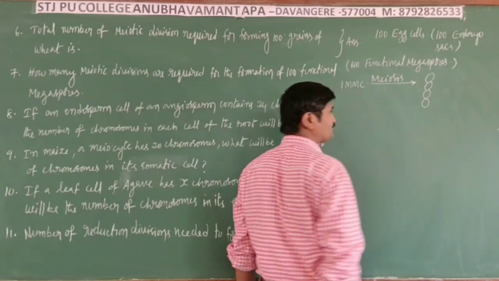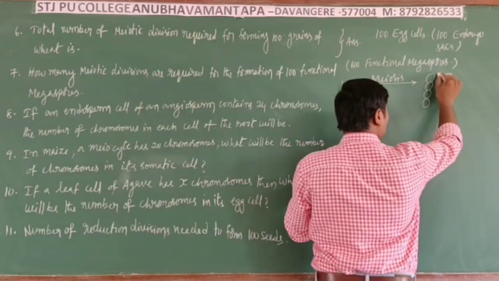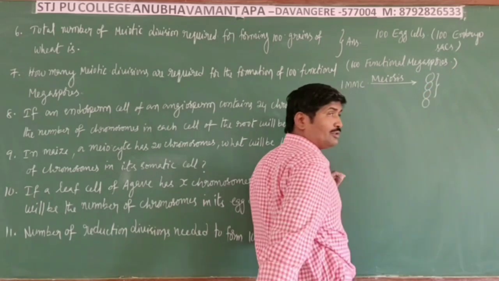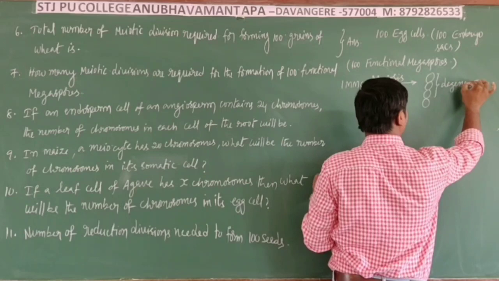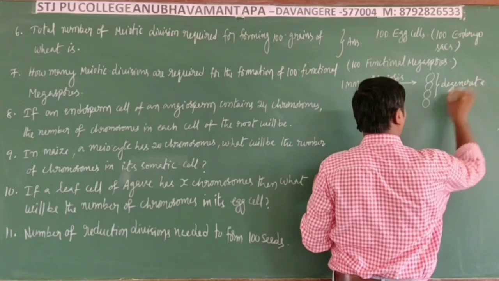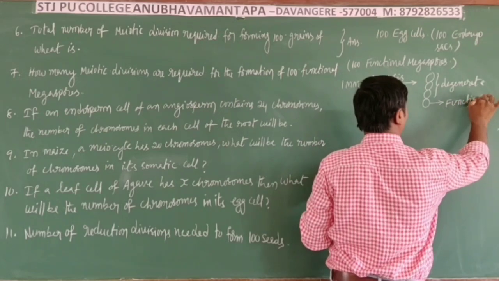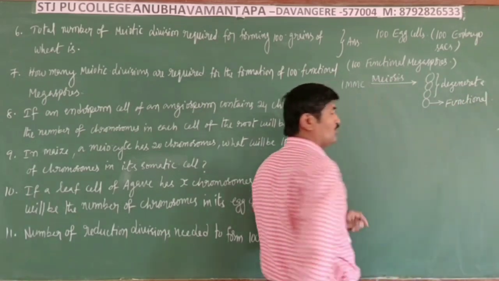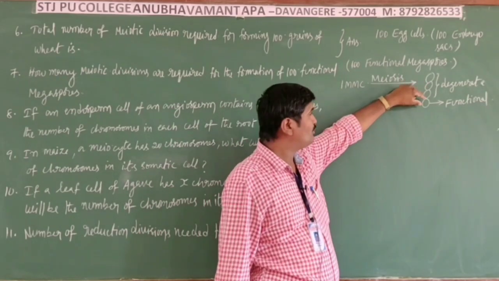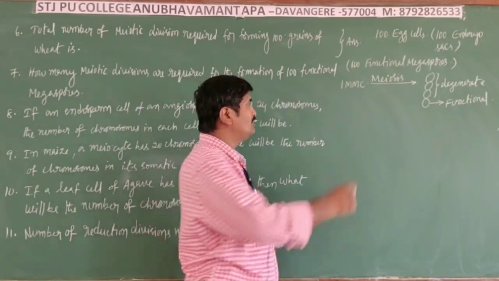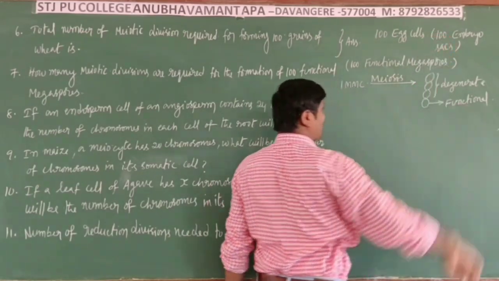Total 4. Out of 4, 3 degenerate and 1 is functional. This functional megaspore develops into the embryo sac.